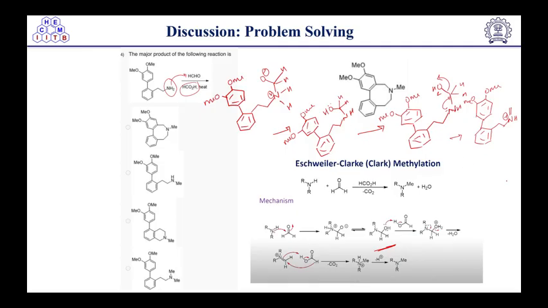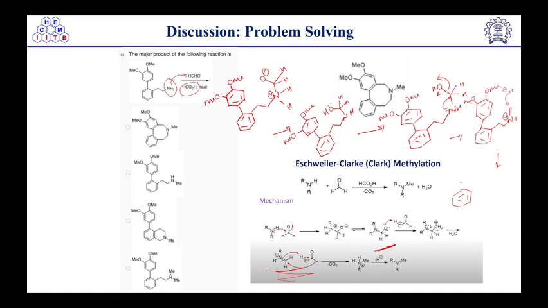Okay. After this one, what is the next step? Again, we have acid. So CO2 elimination will take place and hydride transfer will take place over here. As shown in this step, last one.